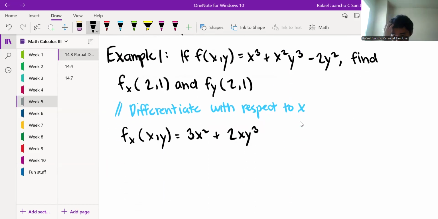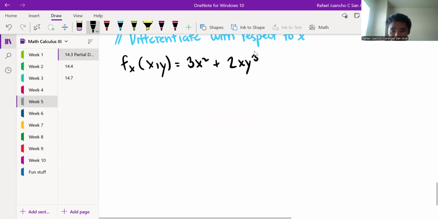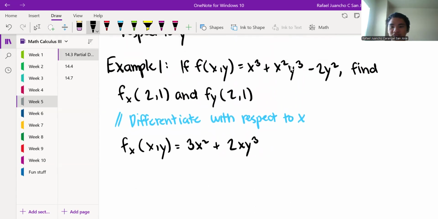So basically, I treat it like a number. So I imagine this is some number, I imagine this is some number. I just put it at the front and I do 2x. So I get 2xy cubed. And then this one is just some number, so that's going to be 0. So it should be this. Okay, never mind.